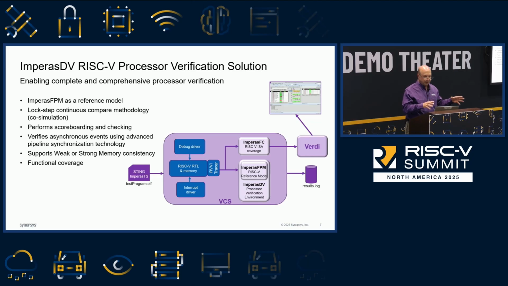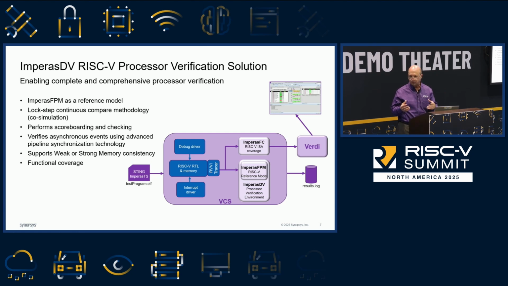A little bit more detail on Empirus DV, this RISC-V processor verification solution. So this is actually a family of products. The Empirus FPM is the reference model. There's a lockstep continuous compare methodology. This methodology, this lockstep compare, performs the scoreboarding and checking and configuration. And one of the key things here is that it supports asynchronous events.